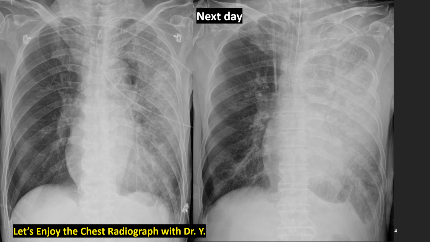And we see the clues of aggravation: intubation tube, central line, and CP angle pleural effusion. So this case is from left upper lobar pneumonia to left whole lung pneumonia, from bad to worse.